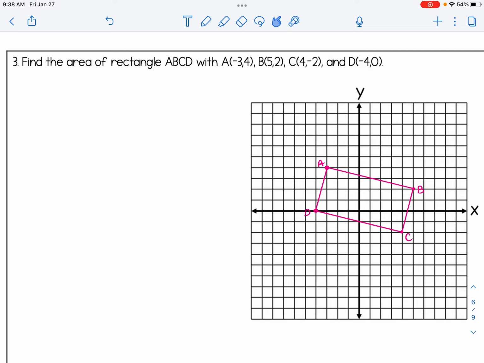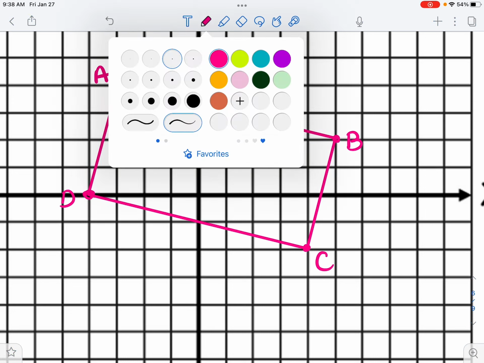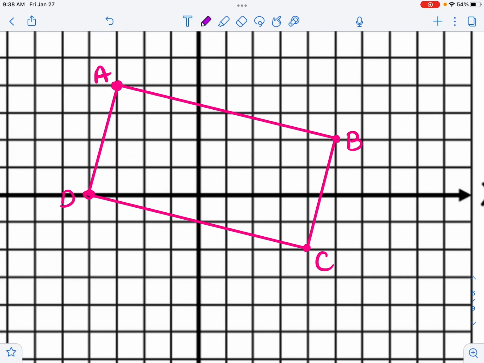So you'd first have your original shape plotted, which I already have here. And then basically what we're going to do, I'm going to use a different color to show you, is draw a box or a rectangle that surrounds this given picture. And we want this rectangle to go right through the vertices.